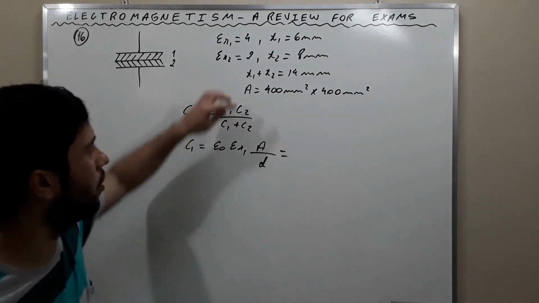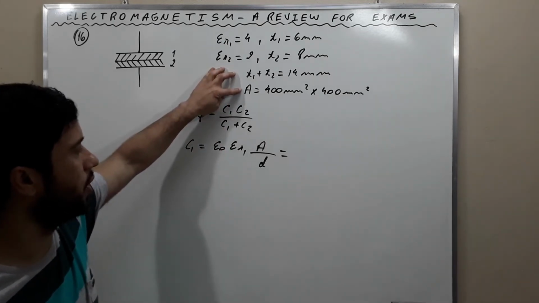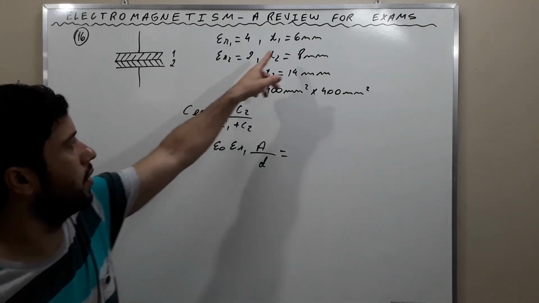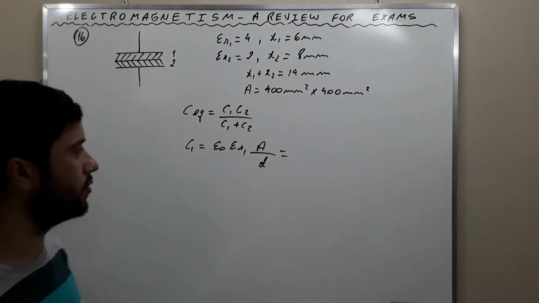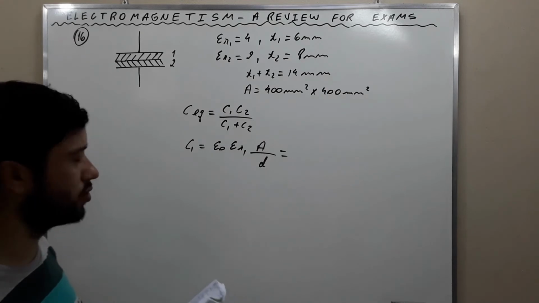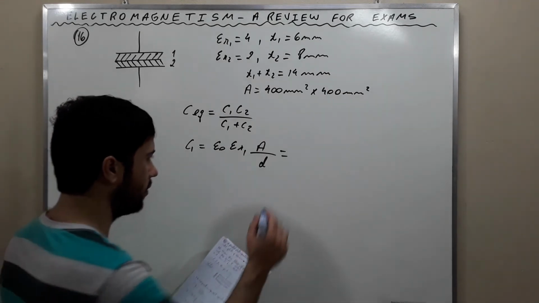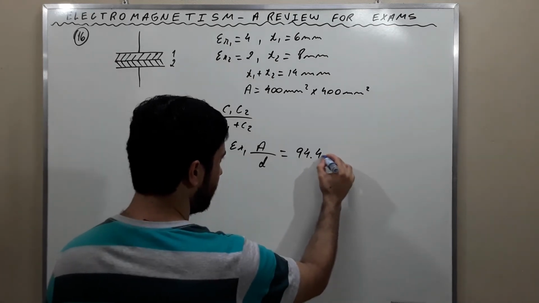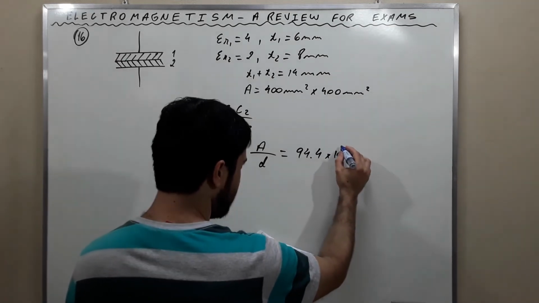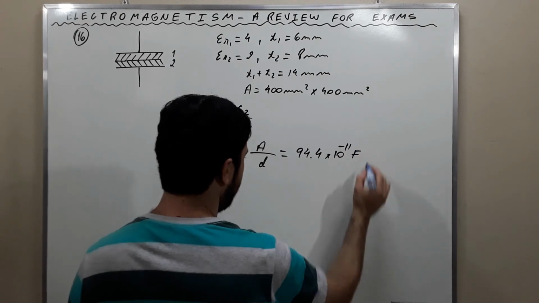We are going to calculate the area, okay? The thickness the exercise already gave, and using these values you find a capacitance of 94.4 times 10 to the minus 11 farad.